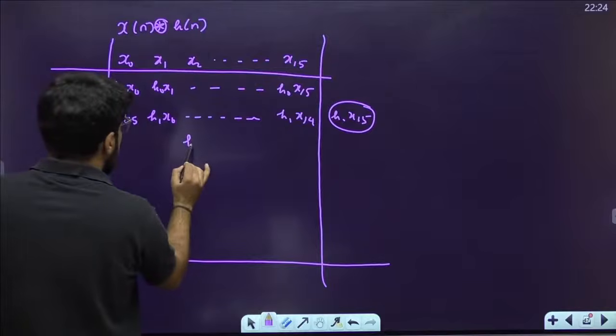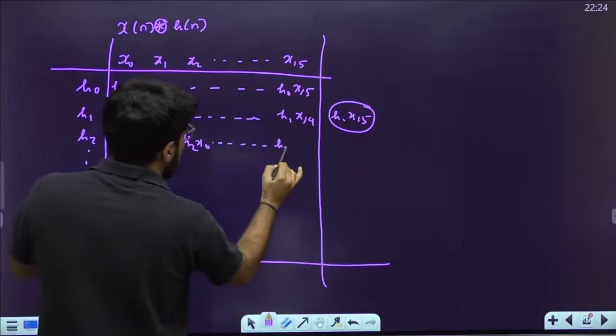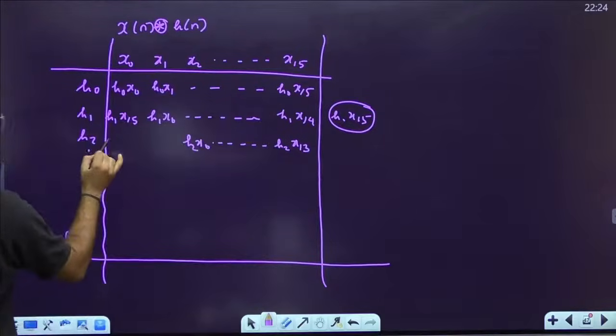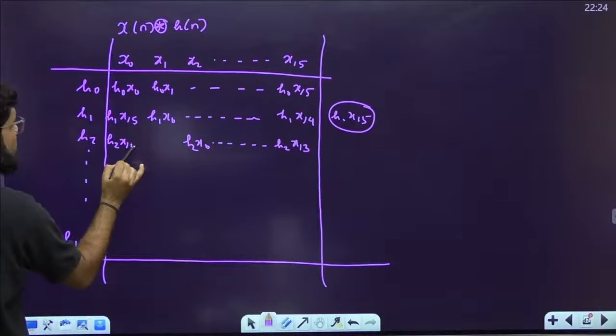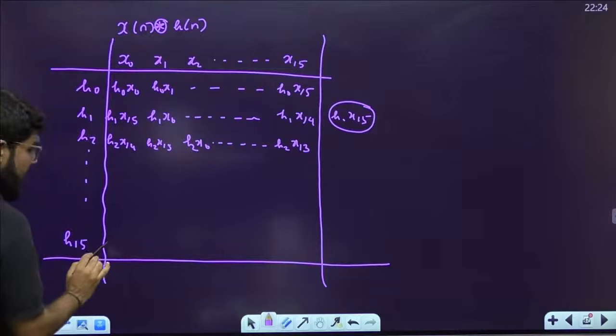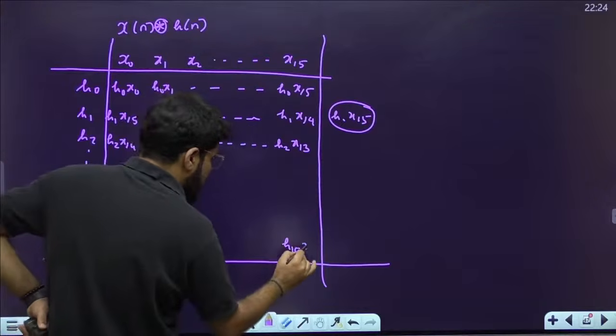Similarly, h2x0 starts from here. You go up to h2x13, and the 14 and 15 terms which had to go to the right come here: h2x14, h2x15. Similarly, the last one, h15, multiplied by x0.